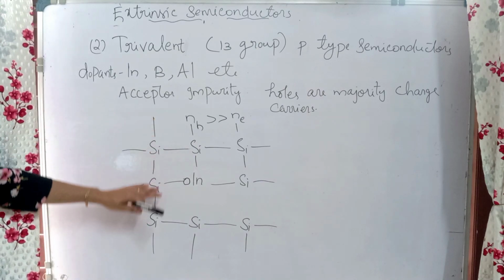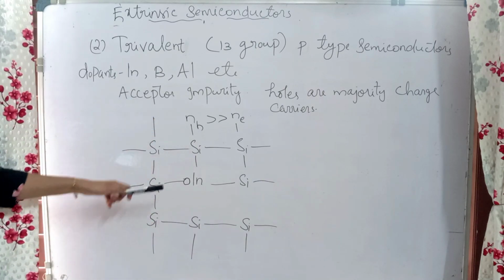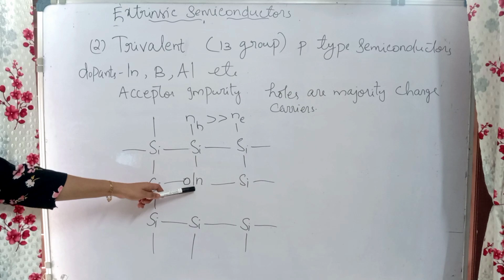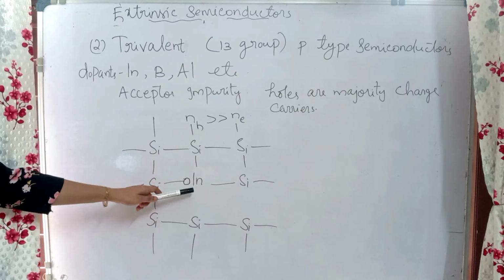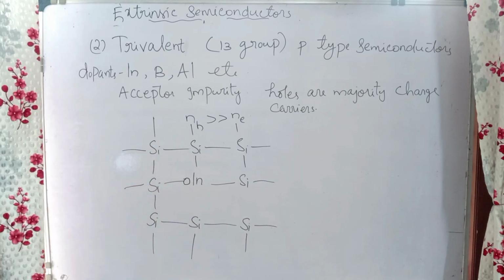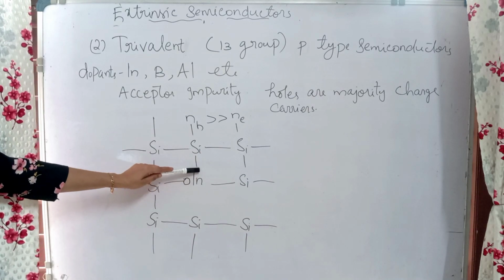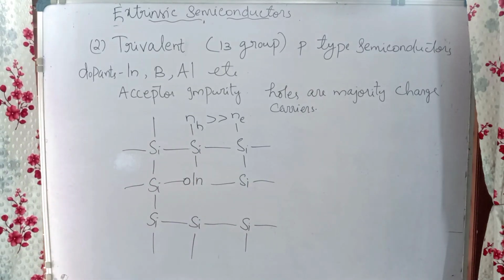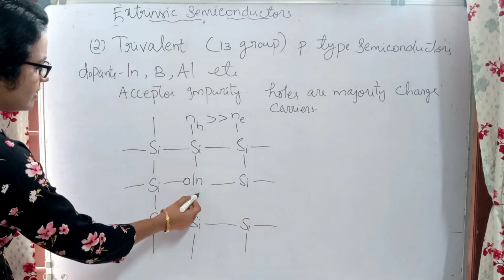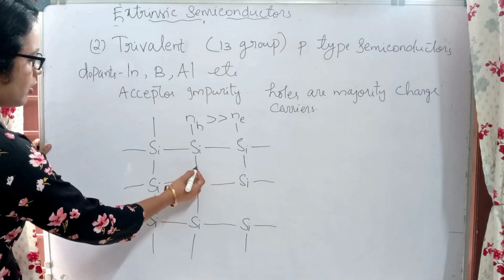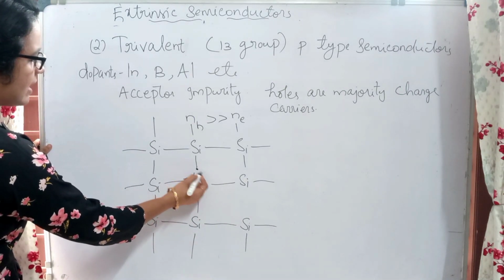So here we are taking a silicon crystal, and here we can add an indium. Okay, so that we are placing at the center. So what will happen here? This has only 3 outermost electrons, right? So the covalent bonds will be formed with these 3 electrons.